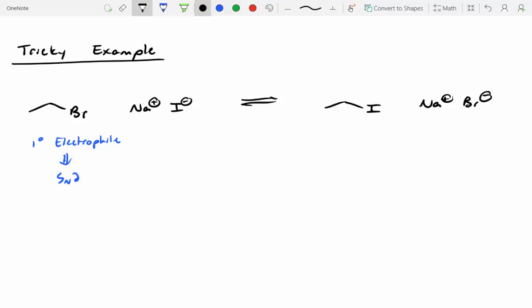Do we want a protic solvent or aprotic solvent? Aprotic. So in this case, let's make an assumption. We'll assume polar aprotic solvent. All right, now the question, if we think about it again, is which side's going to be more favorable?